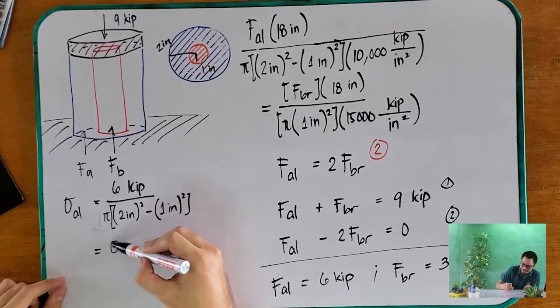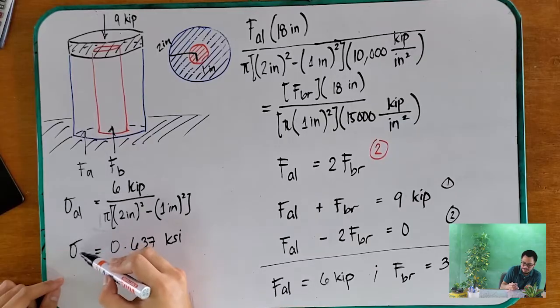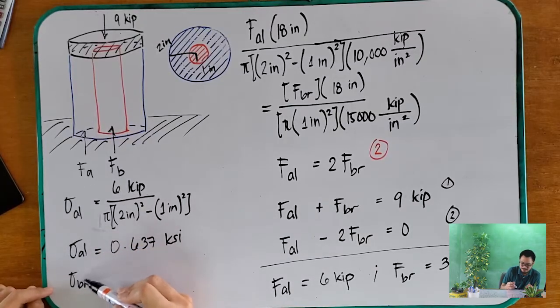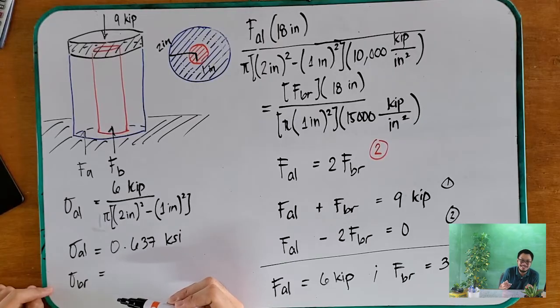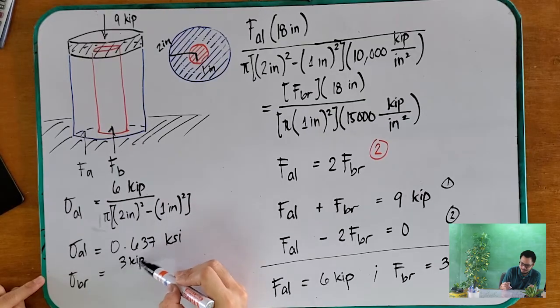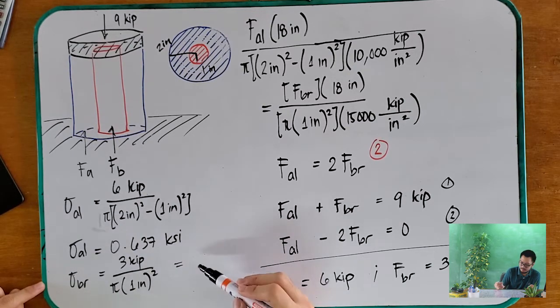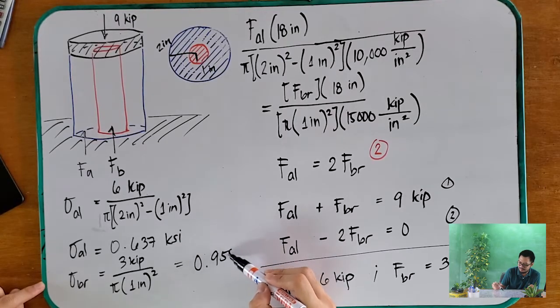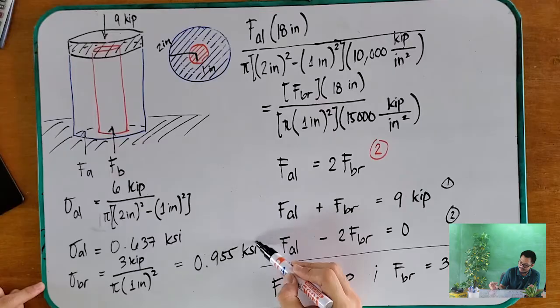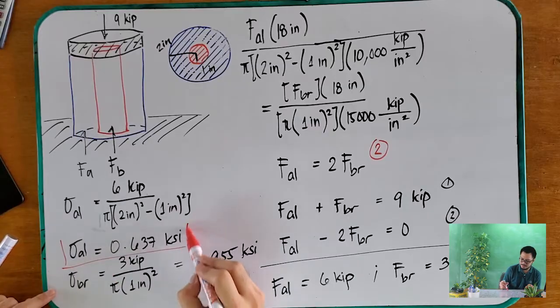So your answer is 0.637 KSI for your aluminum. And for your brass, this is 3 kilopounds divided by pi times 1 inch squared, which is equal to 0.955 KSI. So these are your final answers of this problem.